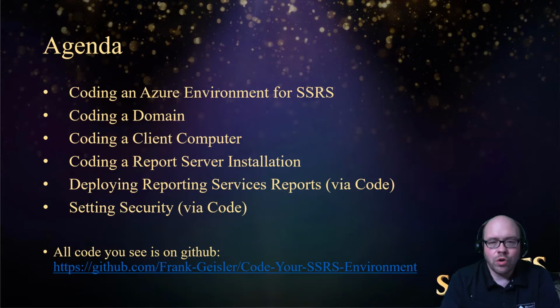What I would like to show you is that everything you can do with SQL Server Reporting Services can be achieved by coding all the things. And all the code you see is on GitHub. You can see it at the URL you see right there in the slides.